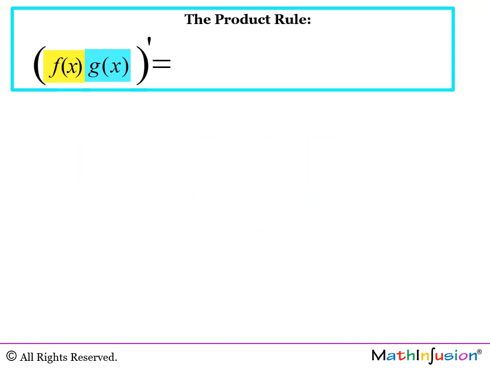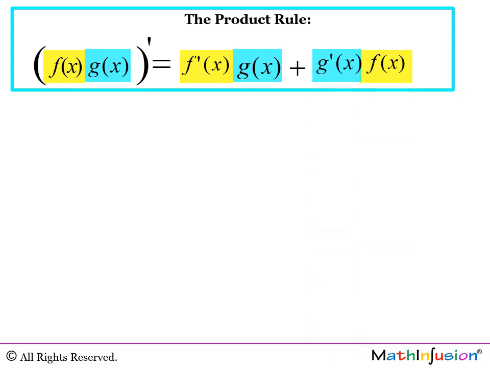Let's go again over the product rule. Differentiate the first times the second, plus differentiate the second times the first. Example: the first function will be 5 times x to the power of 2 plus 3, and the second will be ln of x.